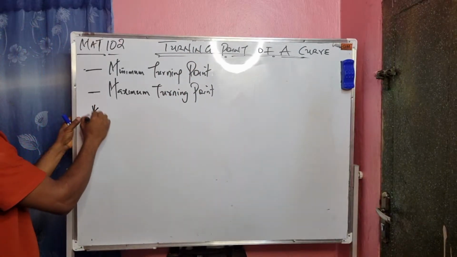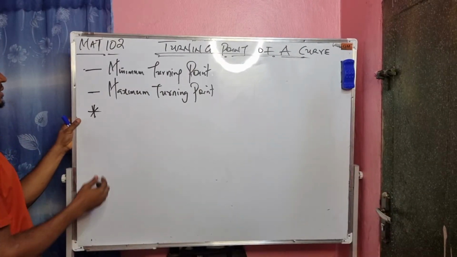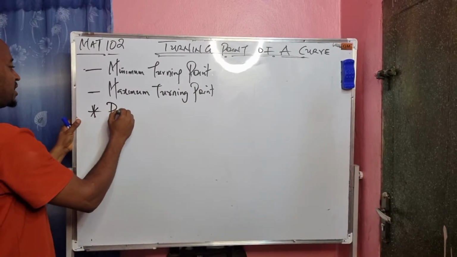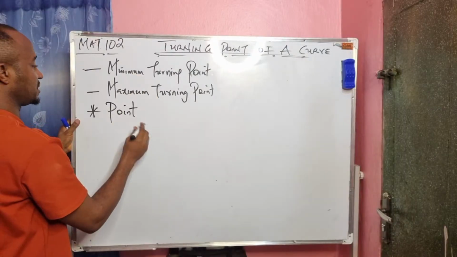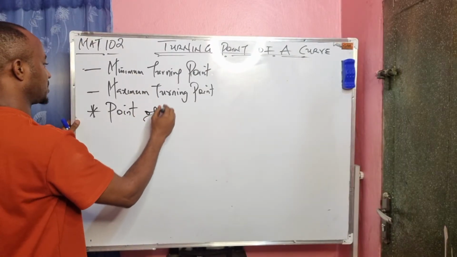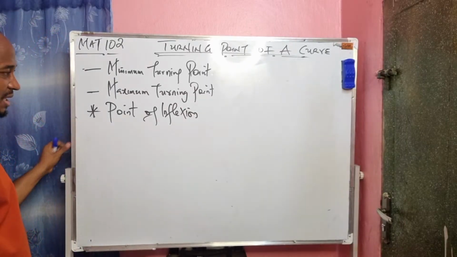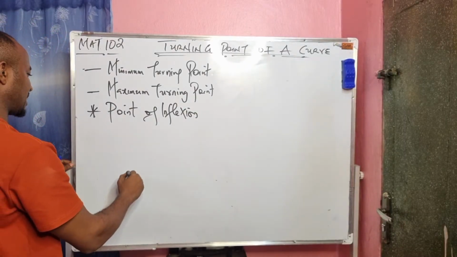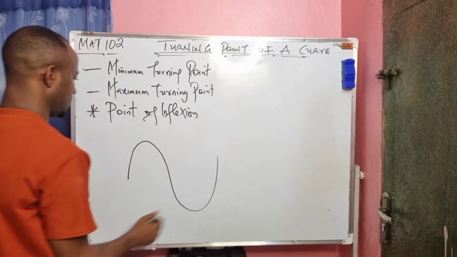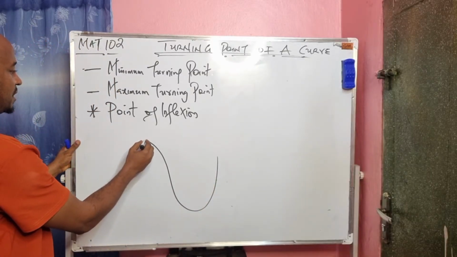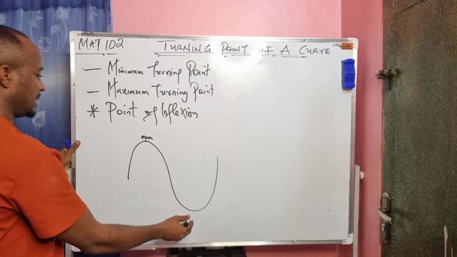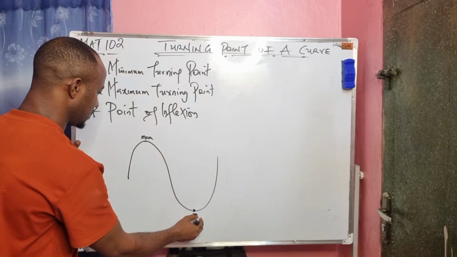Then sometimes there's a point called the point of inflection. It's not really a turning point. I think I've already explained that before. If I have a curve of this kind, here I have a maximum point, and a minimum point.